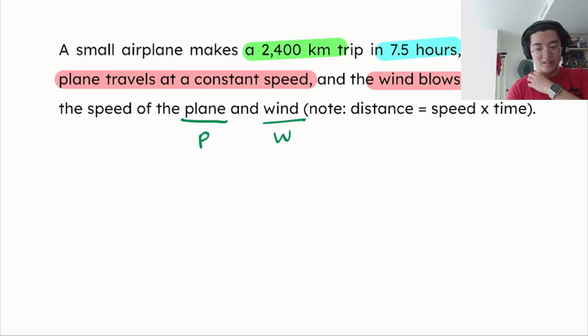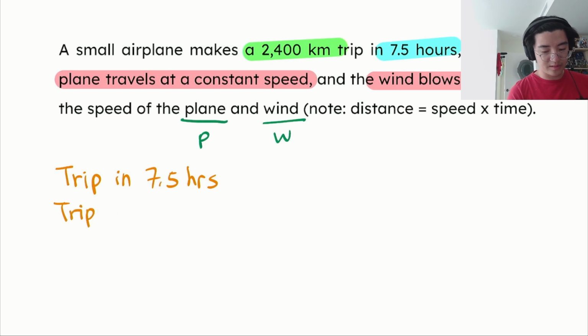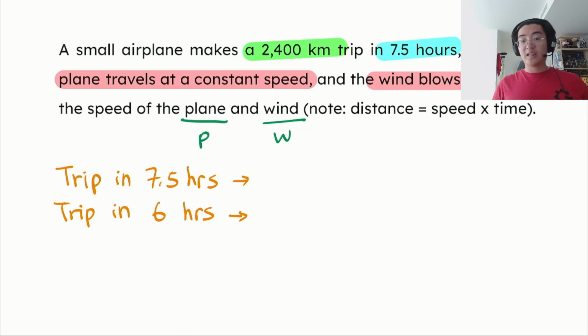Okay, so let's try to figure this out. The plane took two trips. There's one trip that the plane flew in 7.5 hours, and there's another trip that took 6 hours. If the trip took 6 hours instead of 7.5 hours, the plane must be going with the wind.